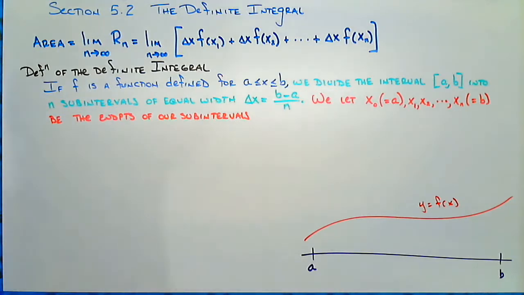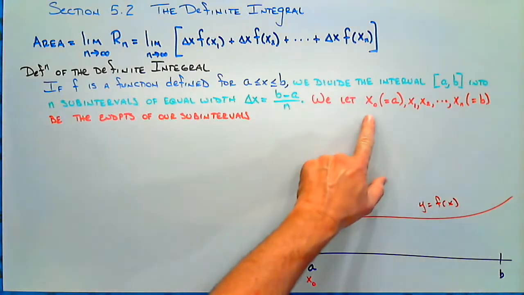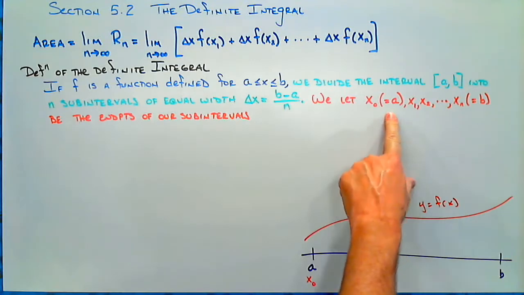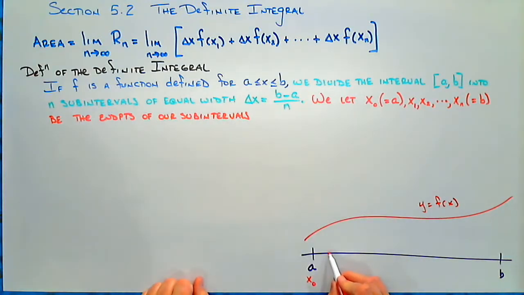Now, they have given us some information about what we're going to do. That's all we've talked about so far, what we're going to do with our interval from A to B. And they have told us very specifically what we're going to do. They've said, you're going to call this beginning point x naught. Right? That's what they said. And then we're going to subdivide this interval.